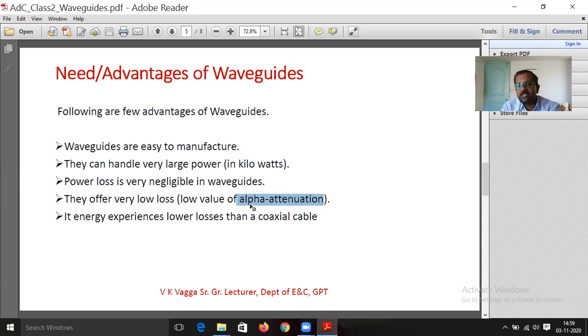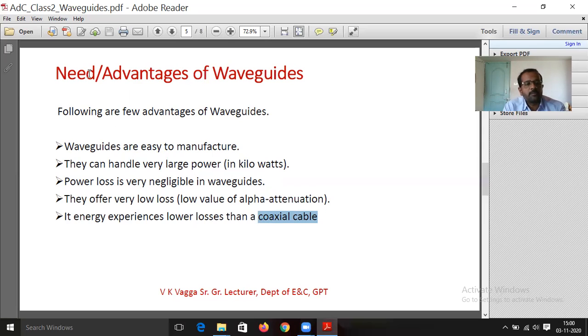The attenuation factor is very less, and according to that its power loss is also very less, and its energy experiences lower loss if compared with the coaxial cable. I said this while explaining the third point here. If it is compared to other transmission lines, in this case the loss is very less here.